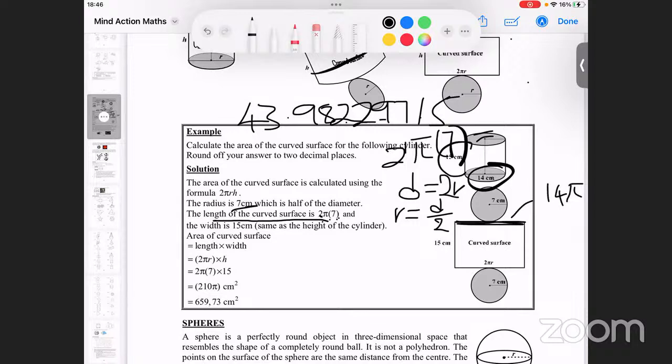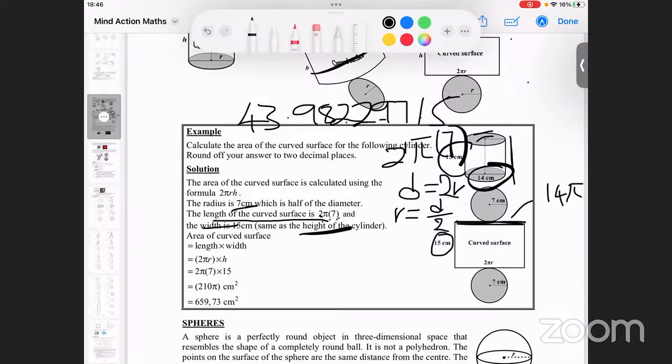And then the width is 15 centimeters, same as the height of the cylinder. This is the height, okay? That is the width. So the width is the same as this one. Width is equal to height. Then the curved surface area is equal to length times width.